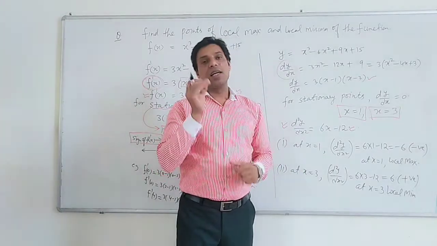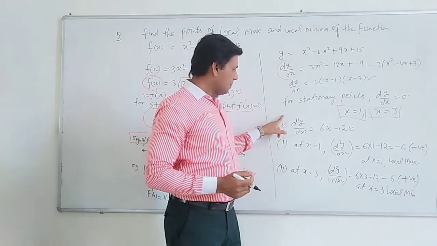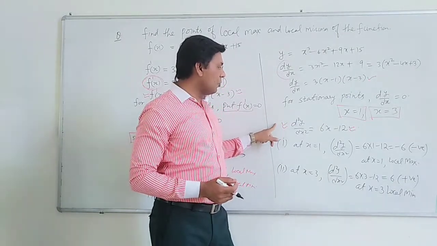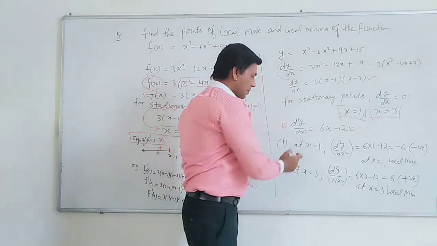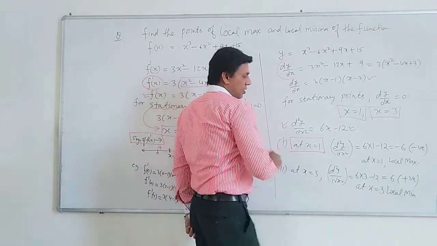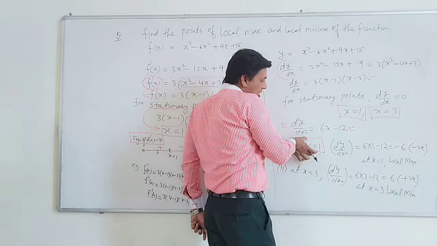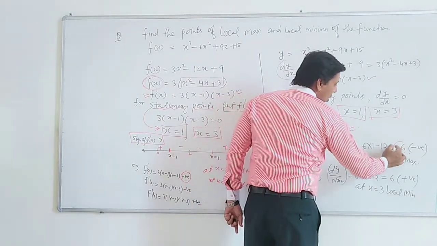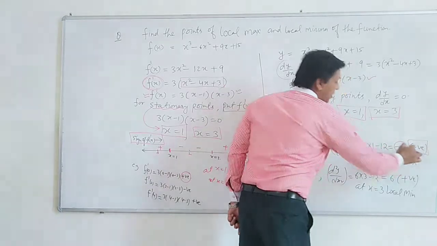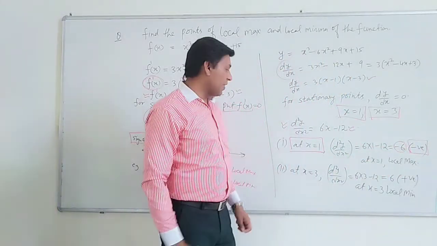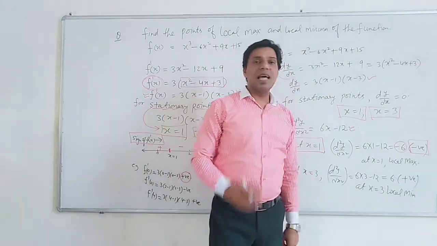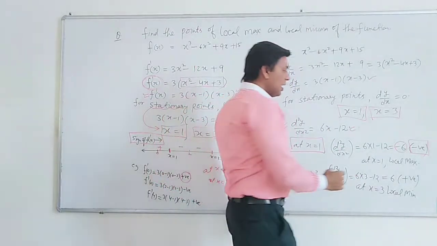Now I need to check the sign of the second order derivative at x is equal to 1. So at x is equal to 1, I have put the value x is equal to 1 in this expression. So 6 into 1 minus 12, I have got minus 6, which is negative. And in the second order derivative test, if the second derivative at any point is negative, then that is the point of local maxima.